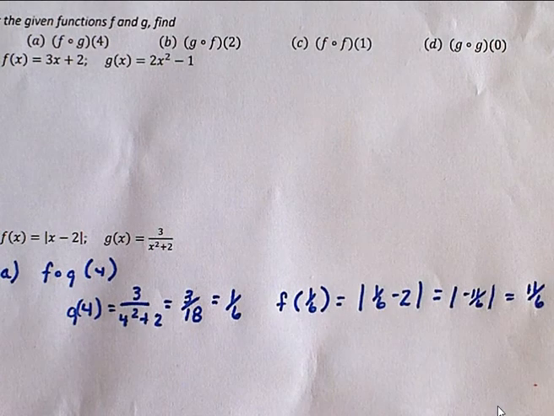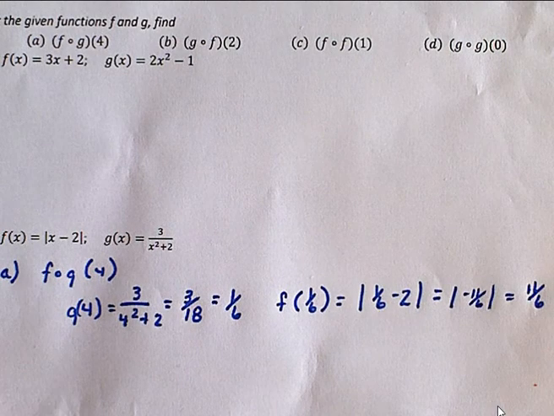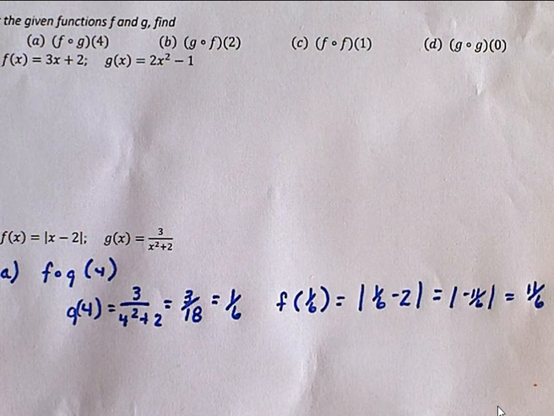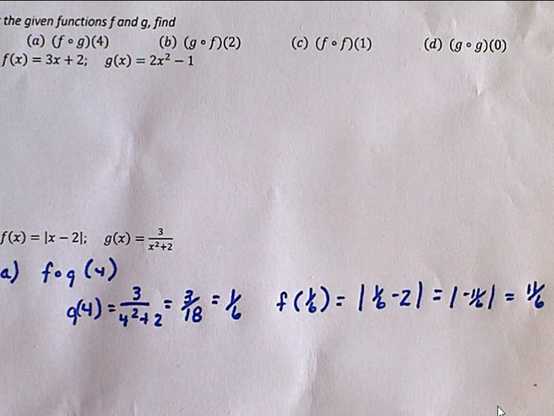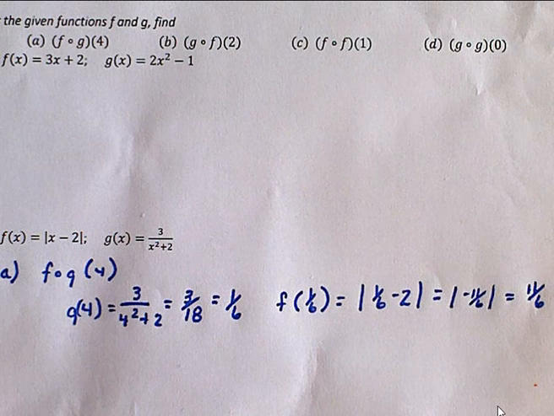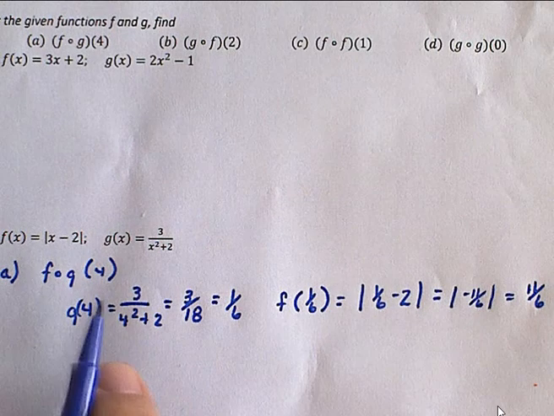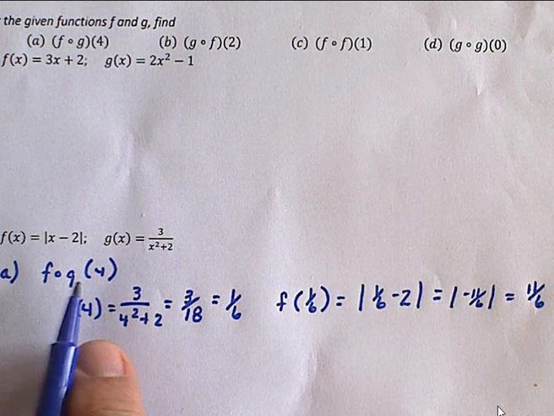Okay. So a little bit messier here, but hopefully some of these other ones will work out. But again, I'm working my way from right to left. 4 goes into G, and that answer goes into F.